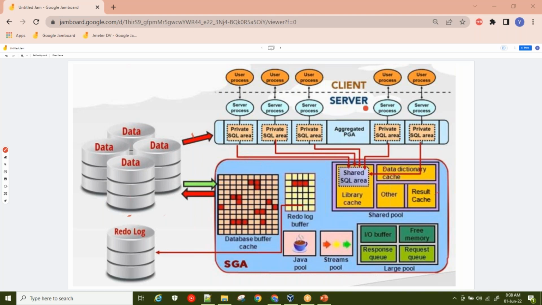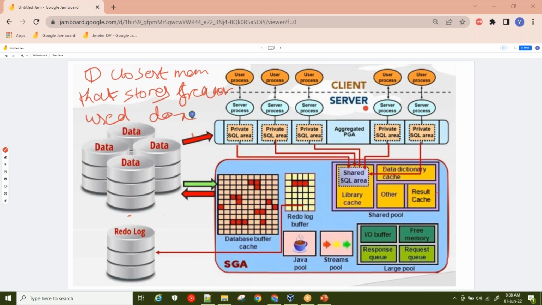So to summarize, so that all are clear. One, it is the closest memory that stores frequently used data. That is the first point.